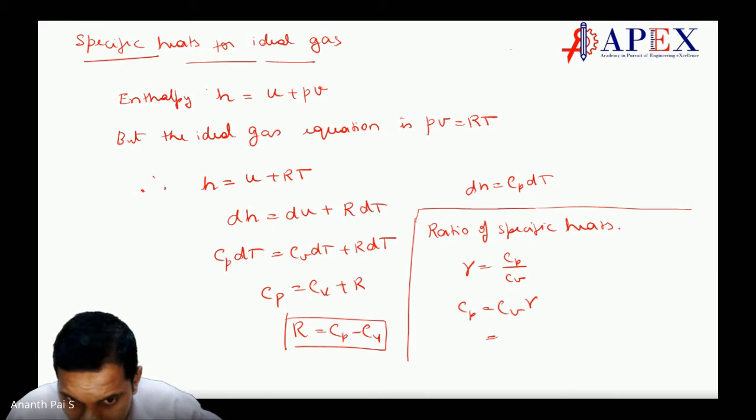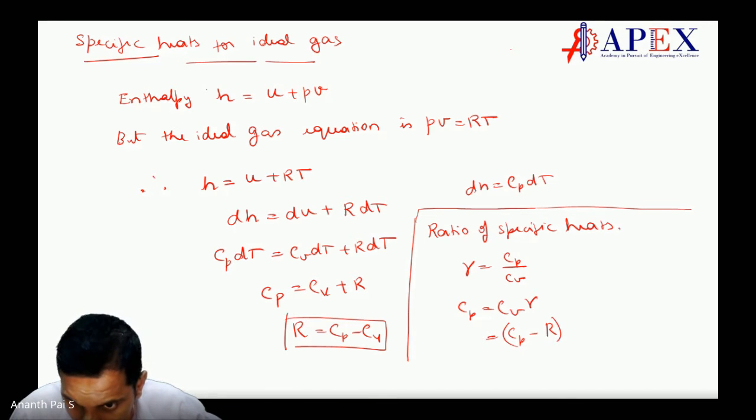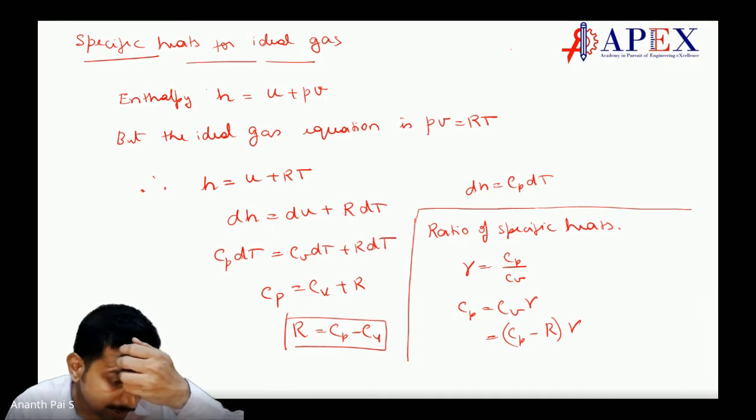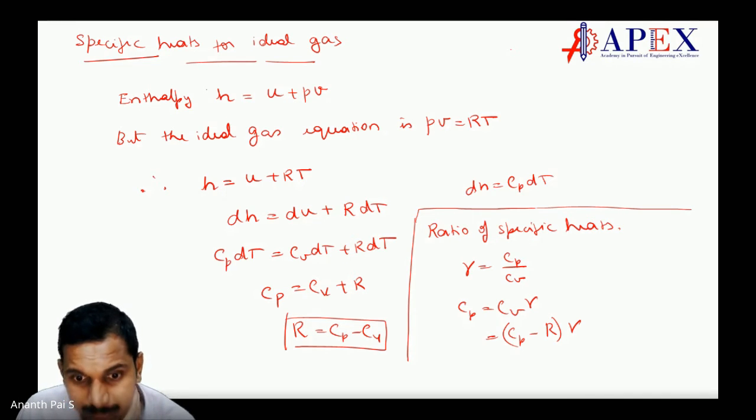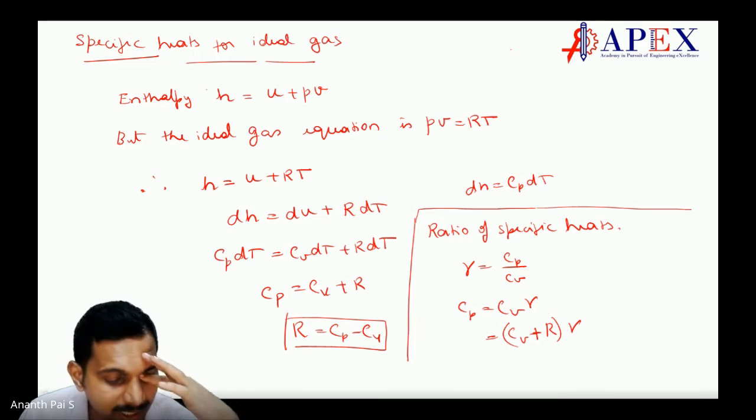Cv can be written as Cp minus R. Cp is equal to Cv plus R, I'm sorry, Cv plus R, I can write.